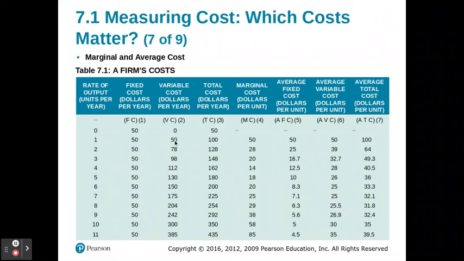So this would be 50 divided by 1, 78 divided by 2, which is 39, and so on and so forth. And then finally, column 7, average total cost, that would be column 3 divided by the quantity. And that's what you see right here.